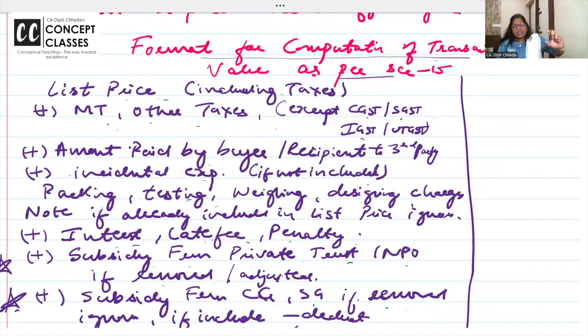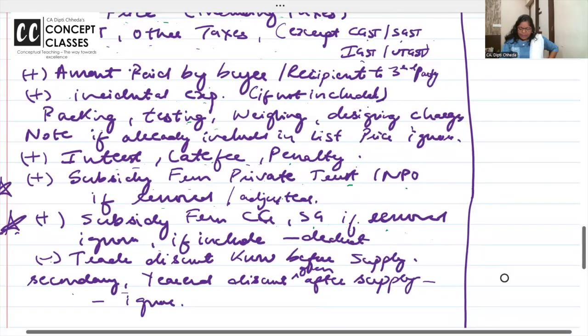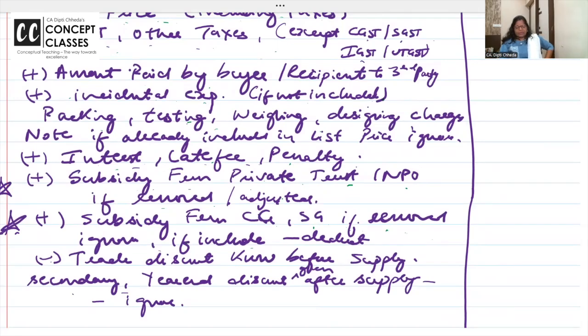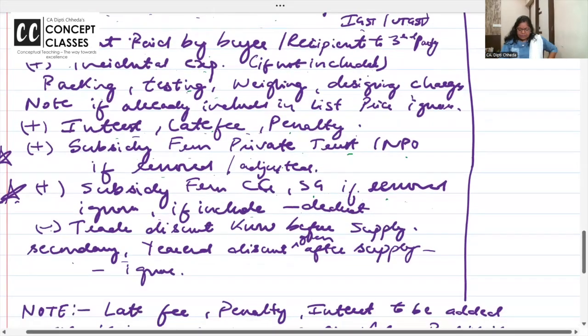If the list price does not include government subsidy, then ignore. So when to ignore and when to deduct, right? Trade discount, which is known before the supply, minus it. Secondary and year-end discounts after the supply, ignore it.